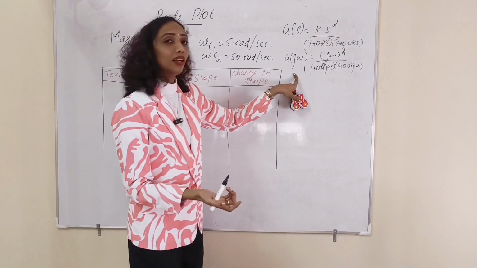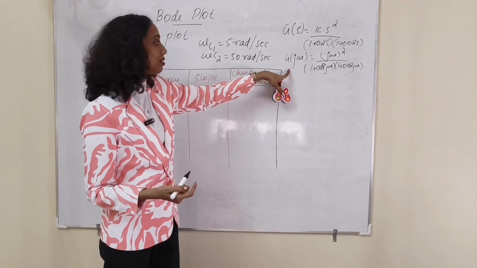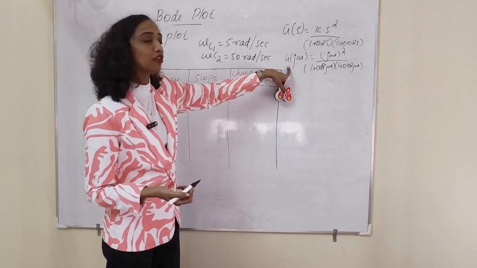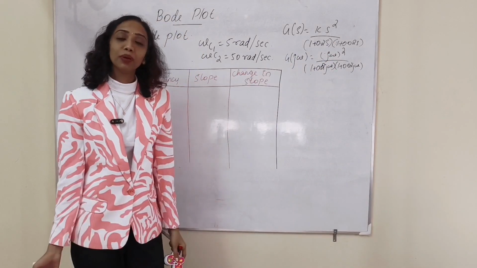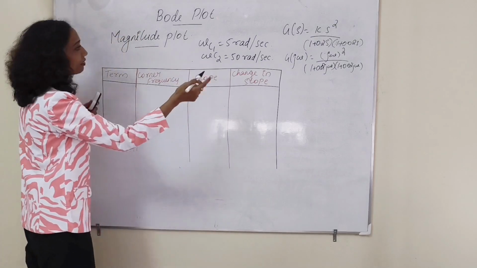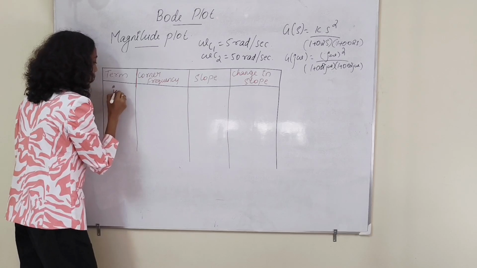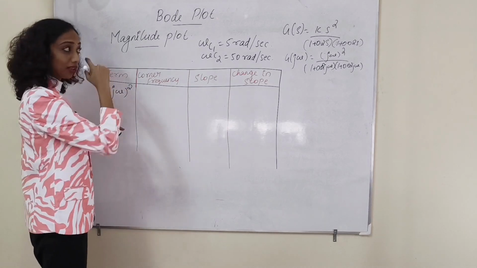Our frequency domain response, the open loop system, is G of j omega equal to j omega the whole square divided by 1 plus 0.2 j omega into 1 plus 0.02 j omega. The first term is the numerator term, j omega the whole square.